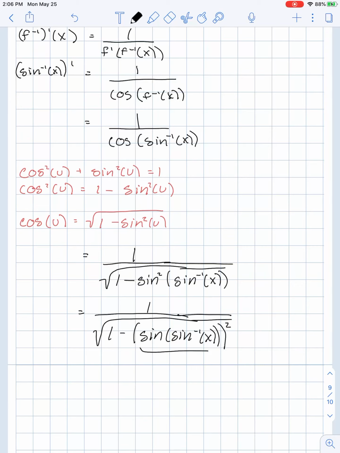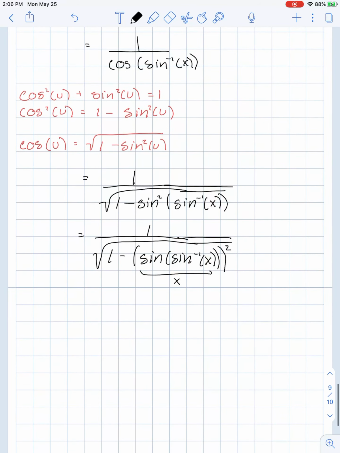So this inside, sine of sine inverse of x, that's just going to be x. 1 divided by, okay, these don't need to be this big anymore, the square root of 1 minus x squared.